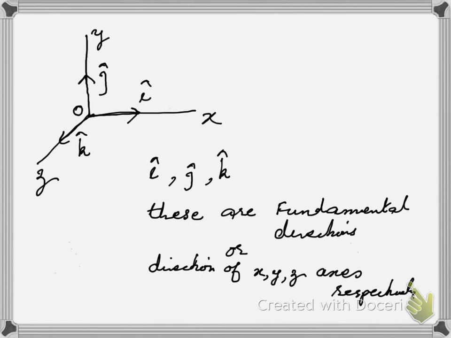Because these are unit vectors, so magnitude of I cap is equal to magnitude of j cap is equal to magnitude of k cap is equal to 1.